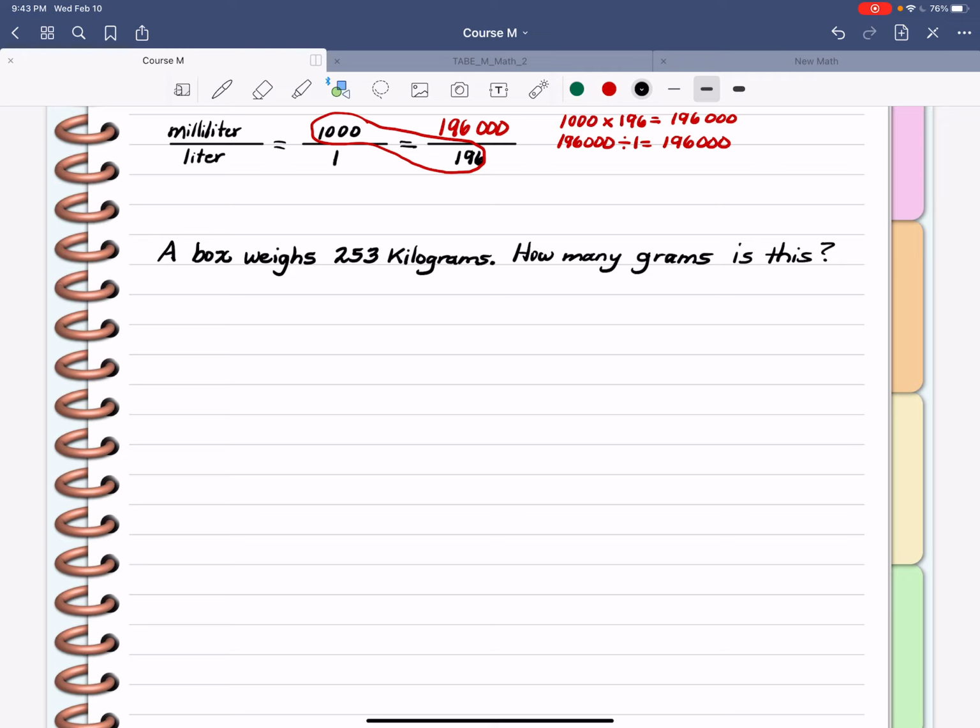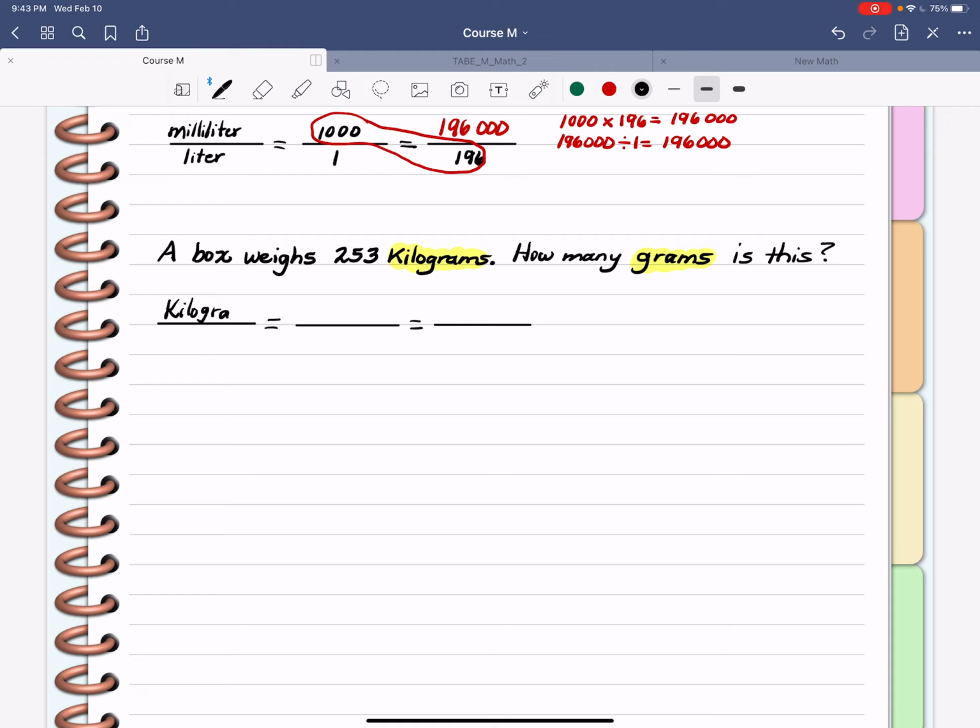The process doesn't change. Just because you have a word problem, you don't vary your process. Find your words. There's kilograms and there's grams. So let's write those down.